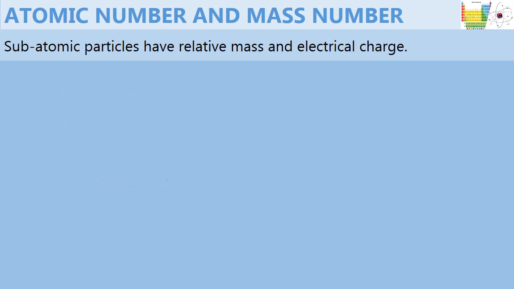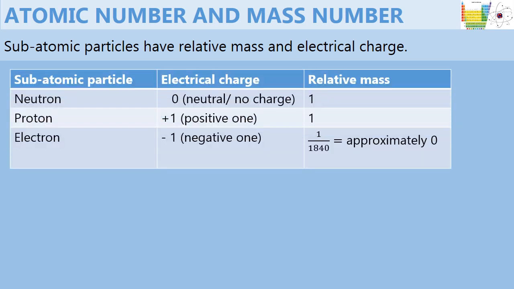Now, these subatomic particles usually have a relative mass and an electrical charge, as summarized in the following table. From this table, a neutron has no electrical charge and it has a relative mass of 1.